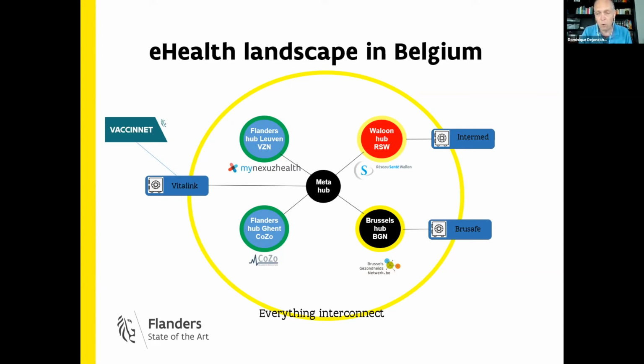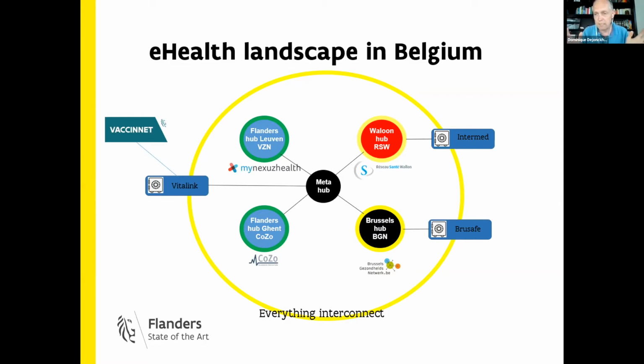We also have, for the first line care, 3 health vaults where we store data from the GPs and share that with the hospitals and other GPs in all the regions. So we have 3 vaults: Vitalink in Flanders, Intermed in Wallonia, and BrusselsSafe in the Brussels region.